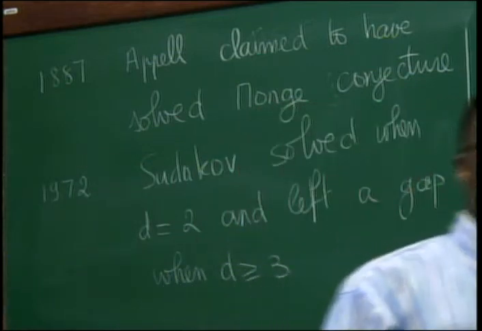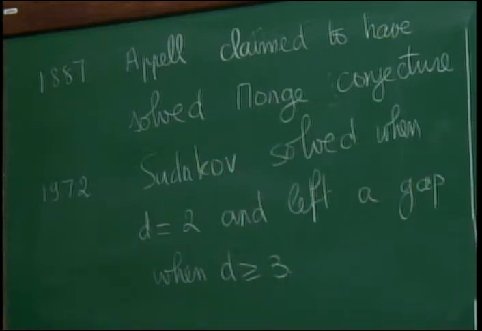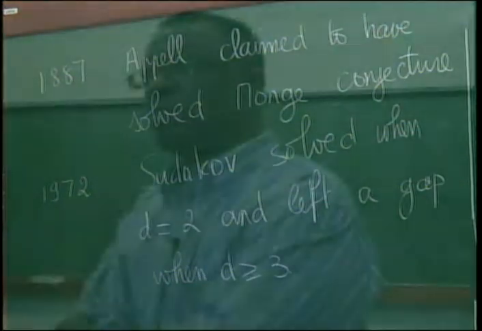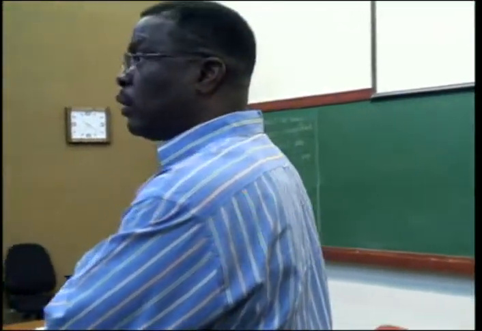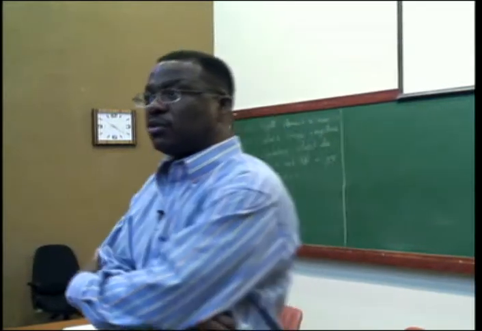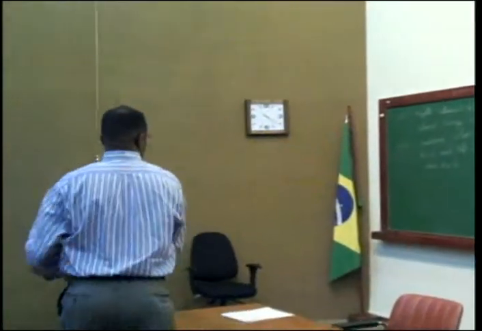In fact, Sudakov also claimed that for any d, he had solved the problem. And it was later discovered by Ambrosio and a few people that when d is greater than or equal to 3, there is a gap in Sudakov's proof. And for some of the arguments he was using, they could find counterexamples.